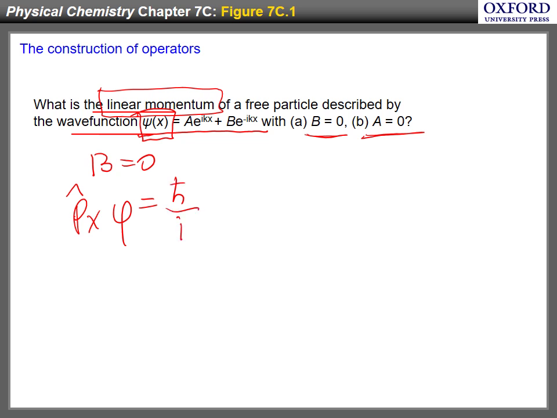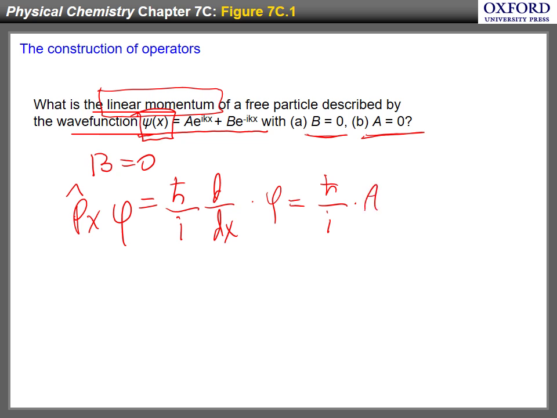It's just where we're plugging it in from the previous equation, and then d/dx times our wave function, which in turn equals h-bar over i times a.